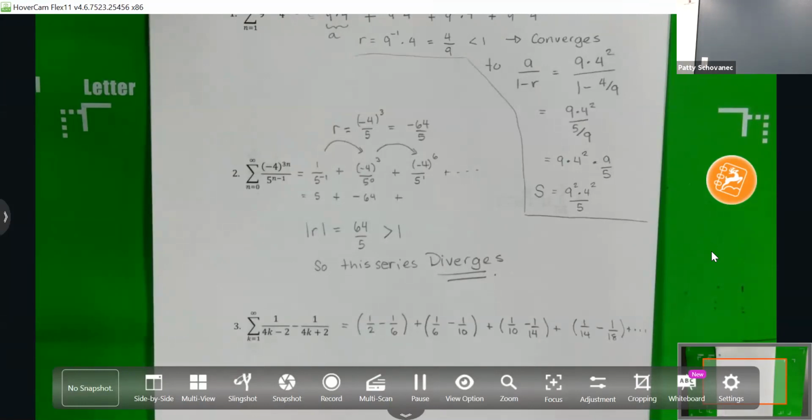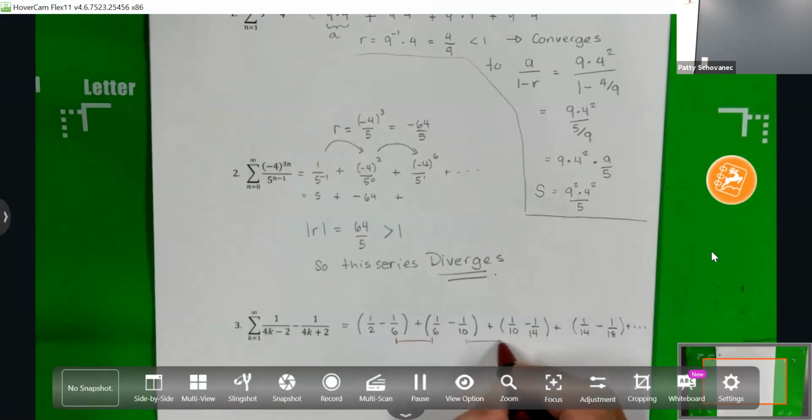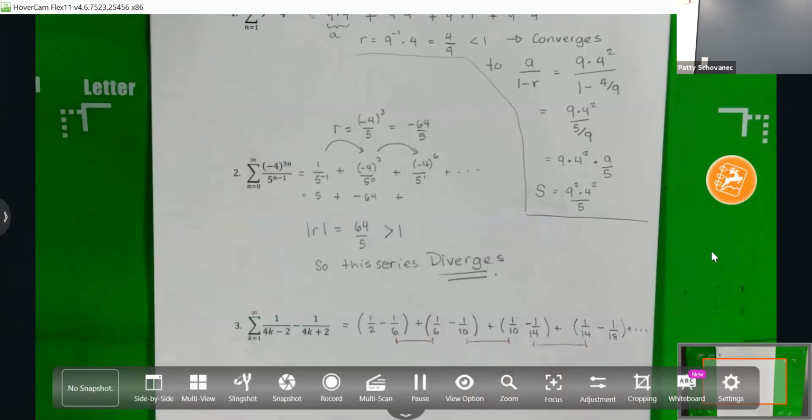I'm just adding stuff together. When you take those parentheses off of there, you see that adjacent terms are the same, but opposite in sign. This term will add to that one to give me 0. This term adds to that one to give me 0. And so on. All of my terms are going to disappear, except the first one and whatever happens at the end, because this goes on for infinity.